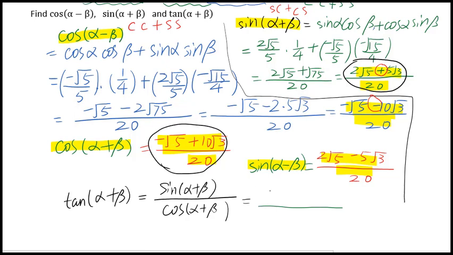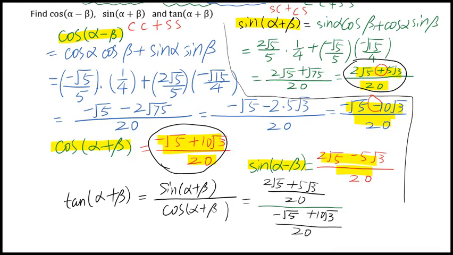So we plug in now. You have 2 square root of 5 plus 5 square root of 3 over 20, over negative square root of 5 plus 10 square root of 3 over 20.